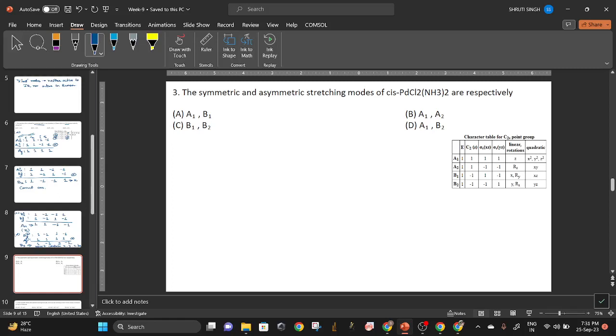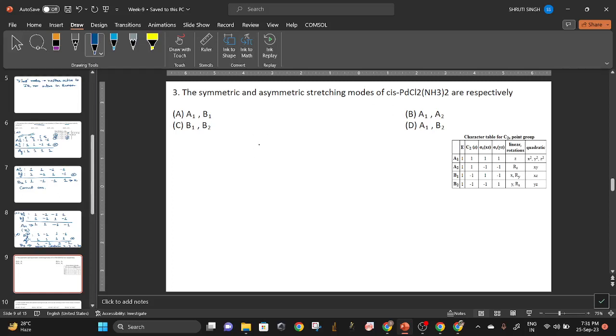I think the BF3 molecule. We derived the vibrational modes of BF3 in the week 7 classes, and then we classified all the in-plane vibrations and out-of-plane vibrations to each of the normal modes. Same thing we have to do now, but the molecule is this cisplatin.